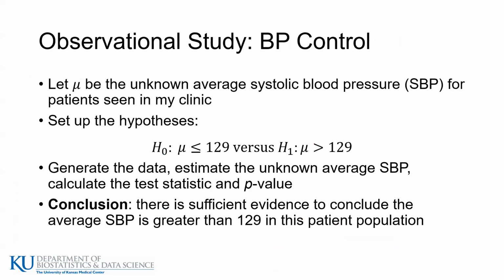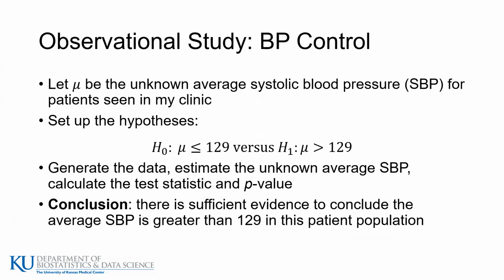So to recap, we were interested in drawing some conclusion about our population based on a random sample of 100 patients from our population. So first we set up hypotheses.